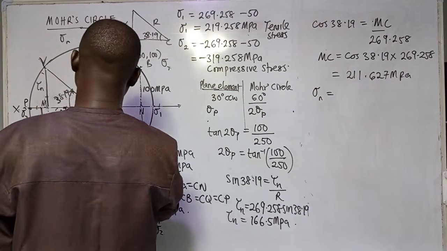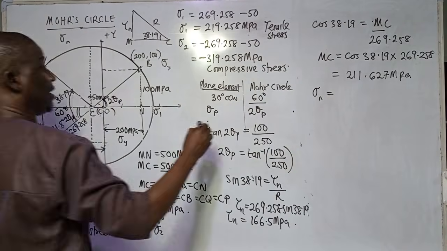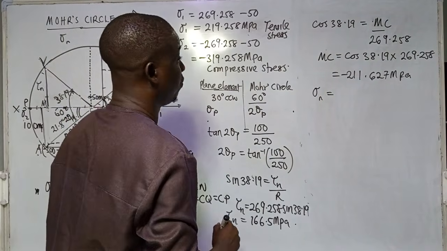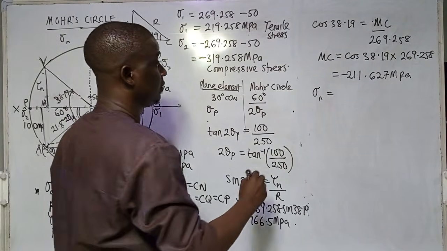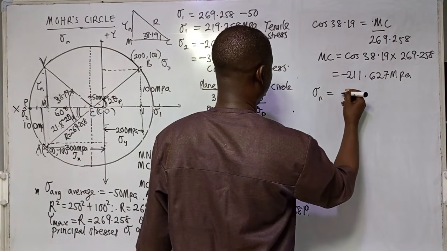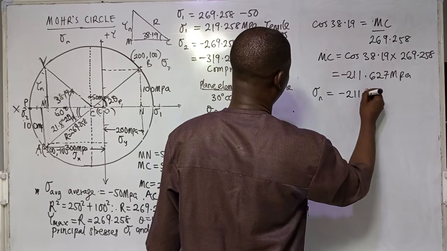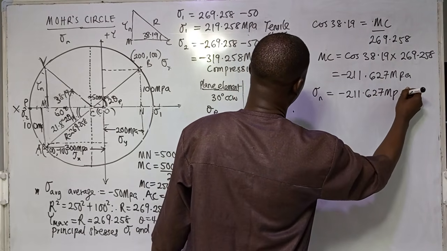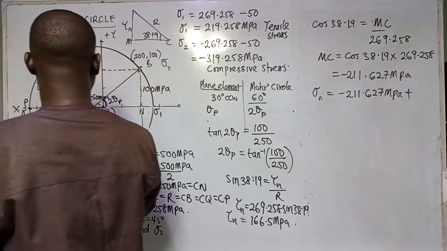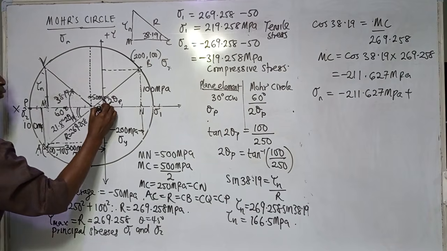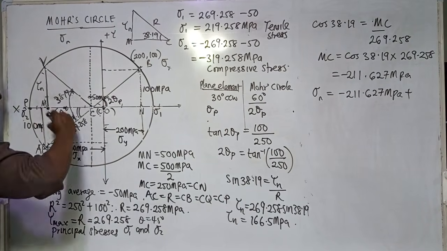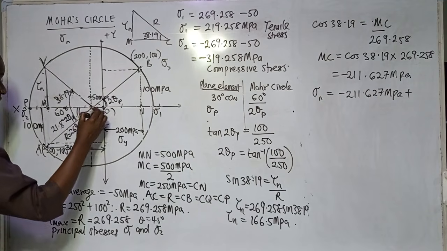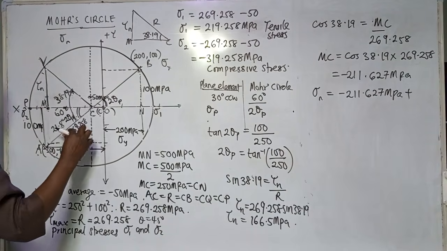But our normal should now be from here. It is coming from this side now, so it is minus. This one will now be minus 211.627 megapascal, plus, because our measurement should be from here to this new rotation when it is inclined at around 60, it will shift.